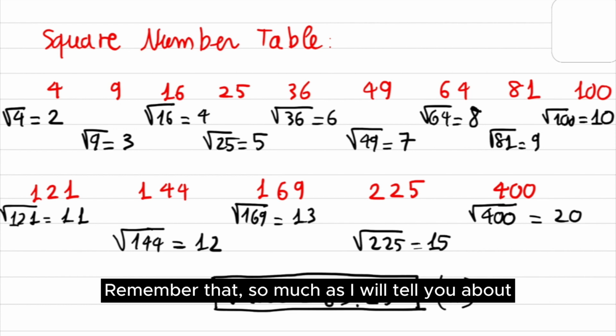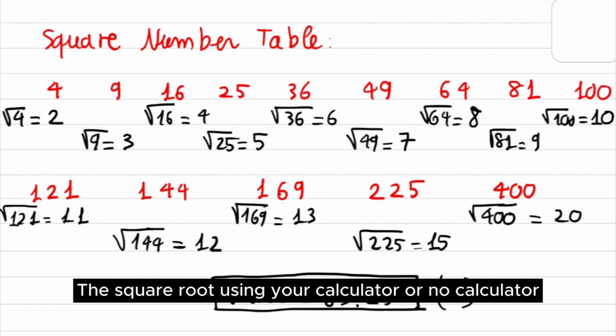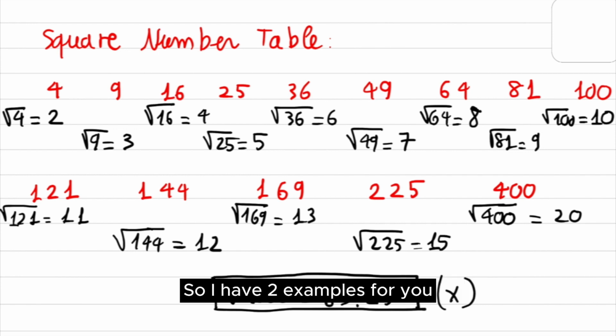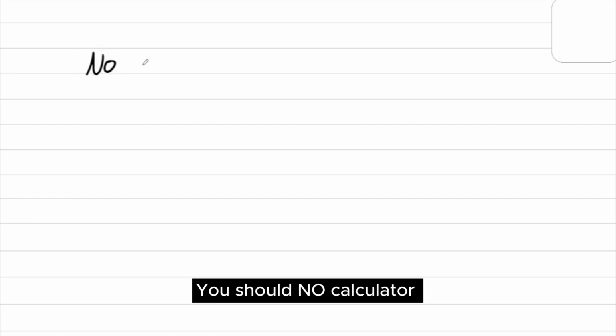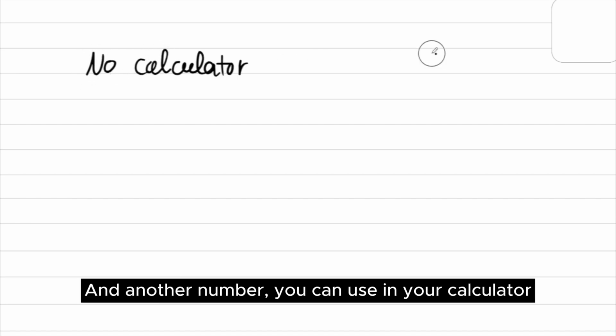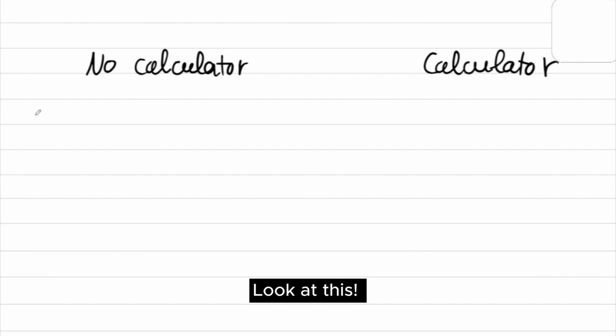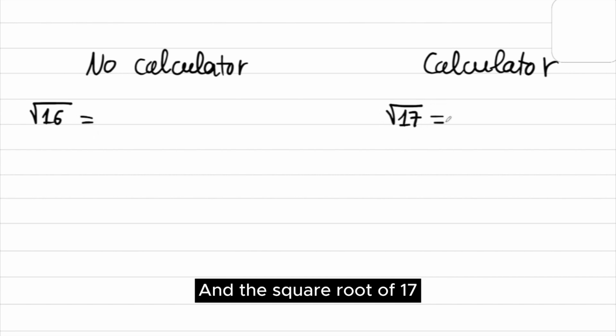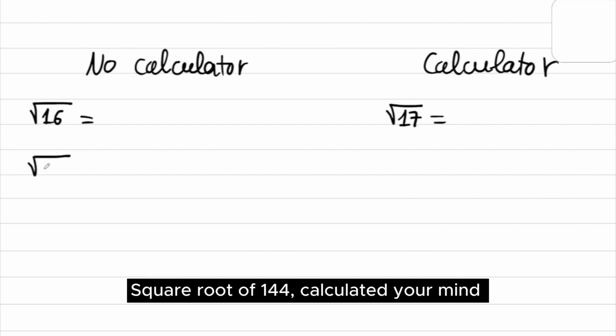Some exercises will ask for the square root using your calculator or no calculator. I have two columns of examples for you. One column is no calculator, and in the other you can use your calculator. Look at this: the square root of 16 and the square root of 17, the square root of 144.